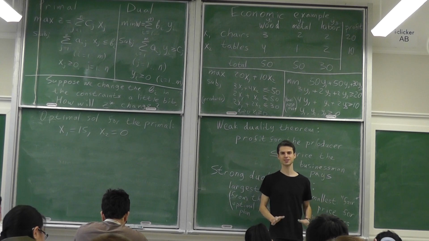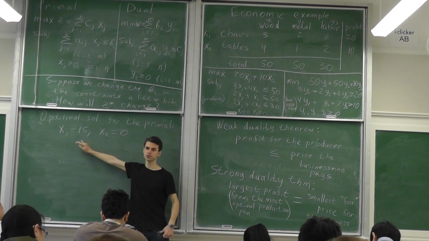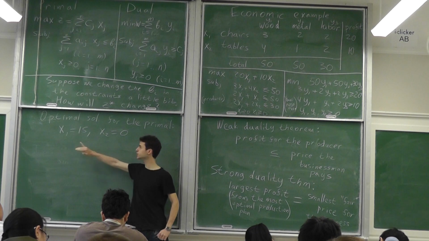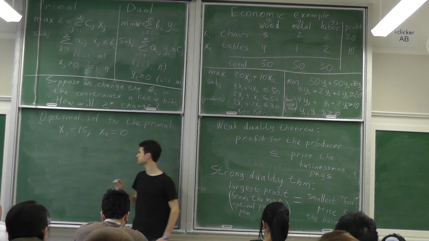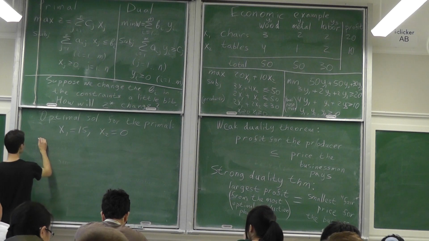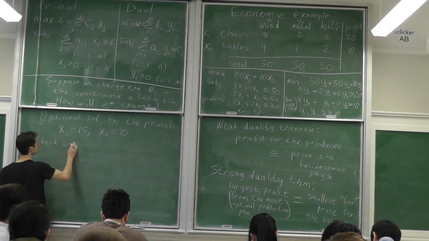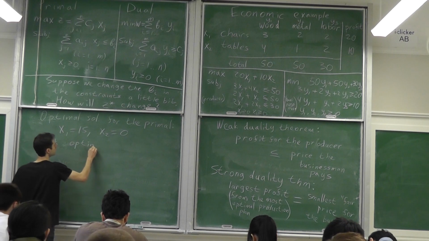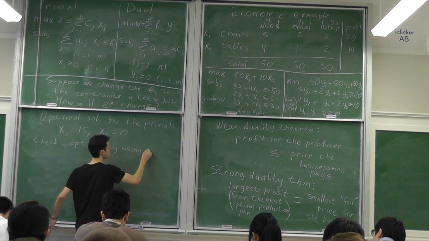We'll check in a second that it is optimal. So I tell you that the optimal plan is to produce 15 chairs and not produce any tables at all. So, check optimality using complementary slackness.